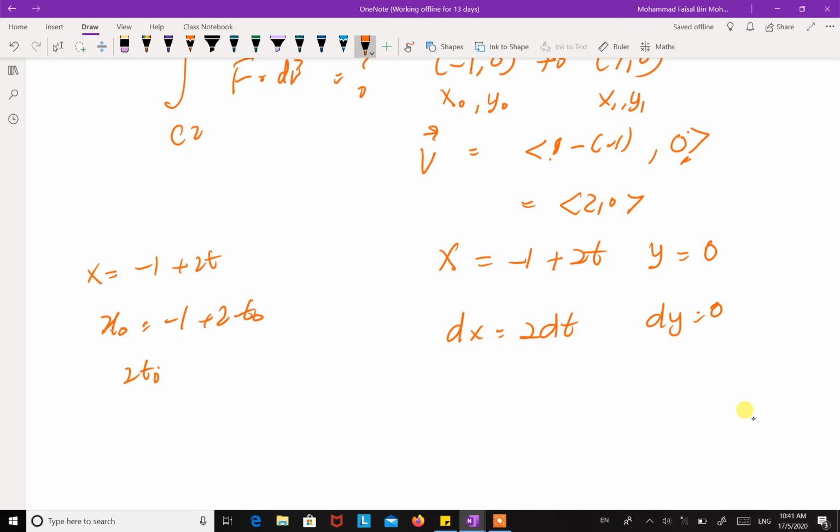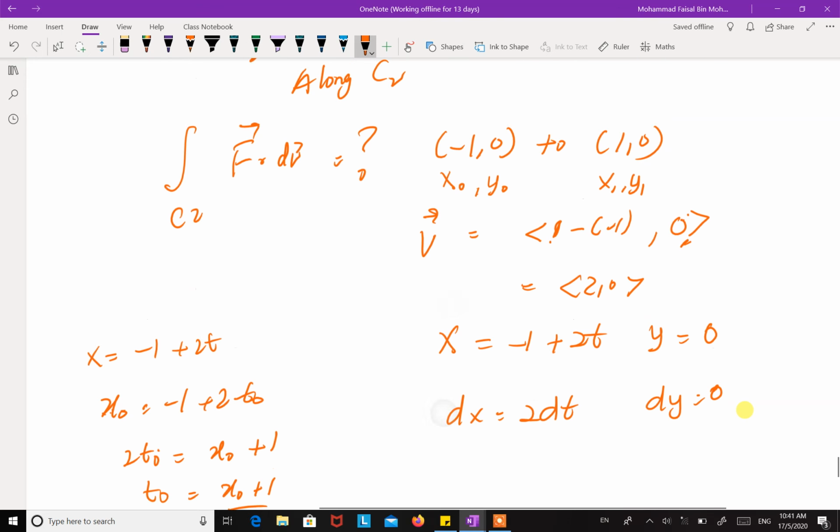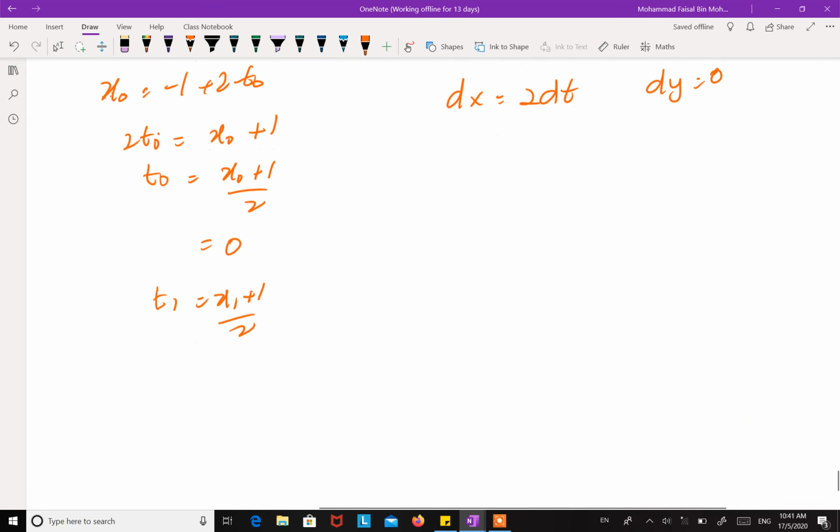So 2 t naught will be x naught plus 1, so t naught will be (x naught plus 1) over 2. Your x naught equals -1, so this is 0. Another one is t1 equals (x1 plus 1) over 2. So x1 is 1, so (1 plus 1) over 2 is 1. So your t will be between 0 and 1.